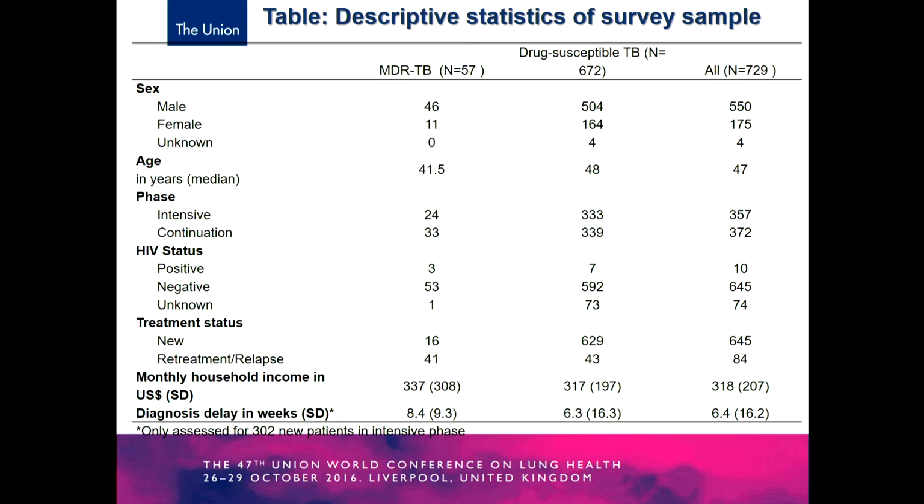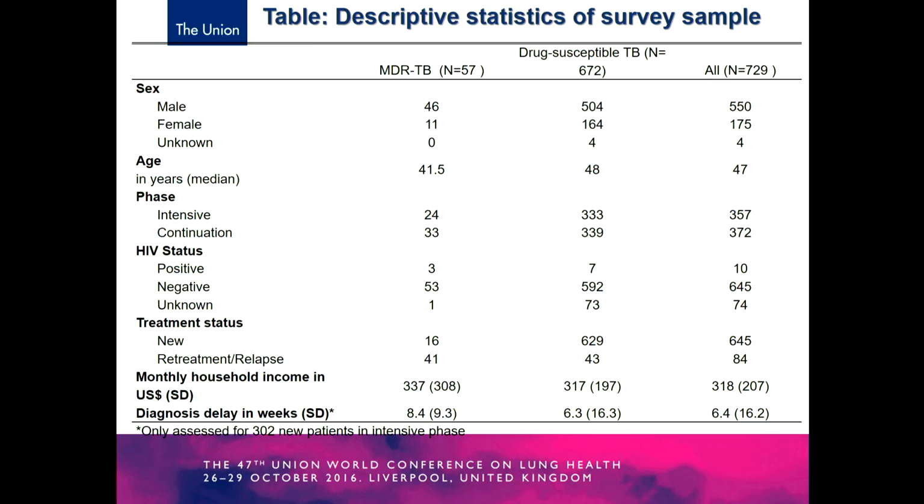The majority of our patients are men, and the age is around 40 to 50 years old. The patients in the intensive phase are a little bit fewer than those in the continuation phase.